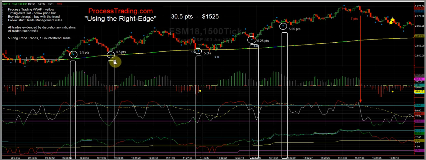On the second trade that we could have taken using the trend trading techniques, when we look at the discretionary indicators for the confirmation, we see that price had fallen down. We get a timing alert dot here.